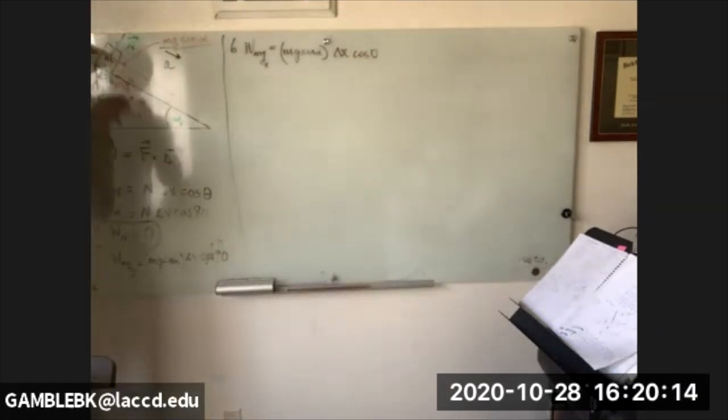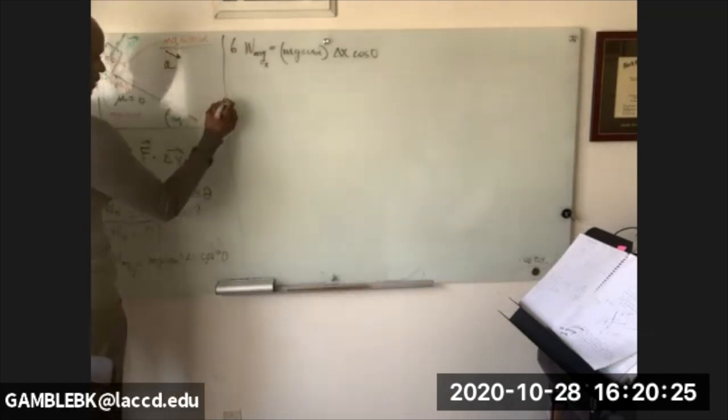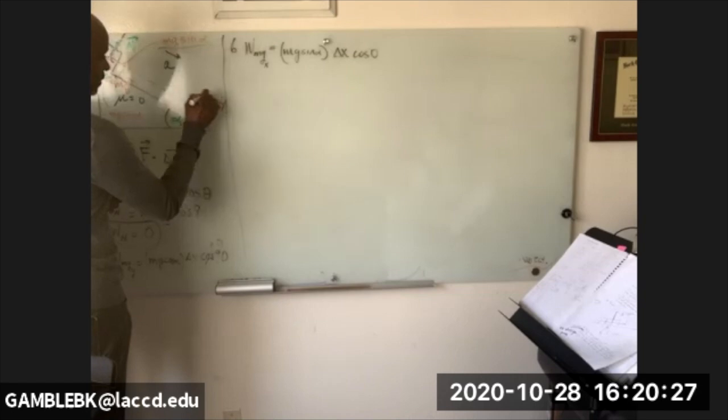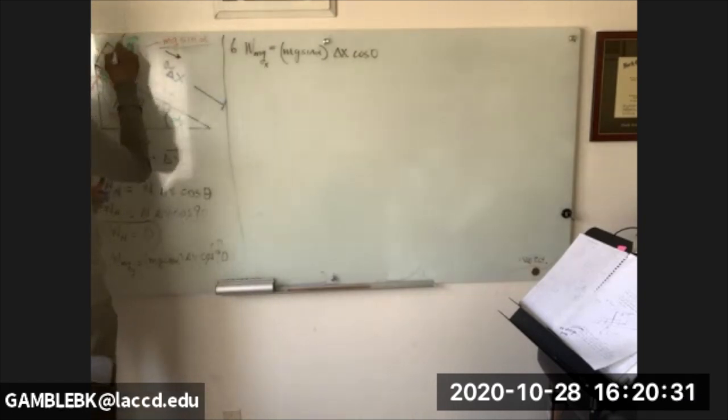Because delta x, now I haven't actually shown delta x. Delta x would really be some distance like this, the path that is moving down the plane. So that's really delta x, something that looks like this, right?